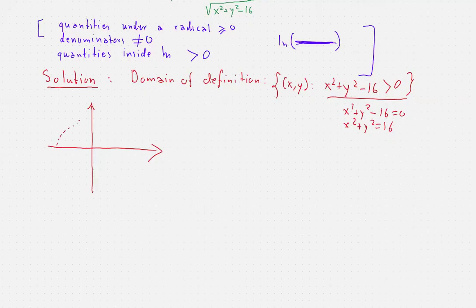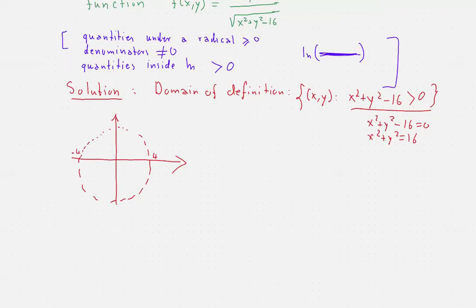So it cuts here at 4, at -4, and so on. And the reason I'm representing this in a dotted way is because the circle itself does not belong, is not a part of the domain of definition.